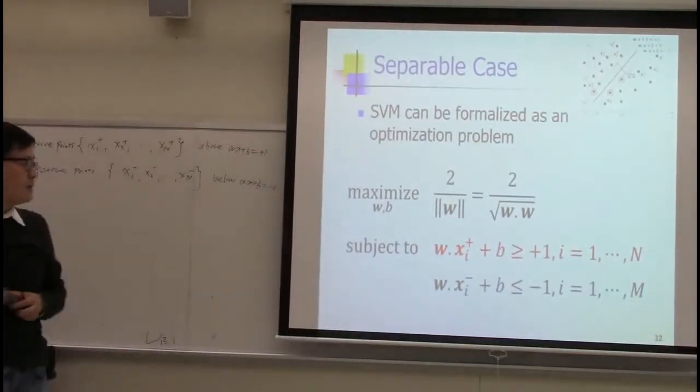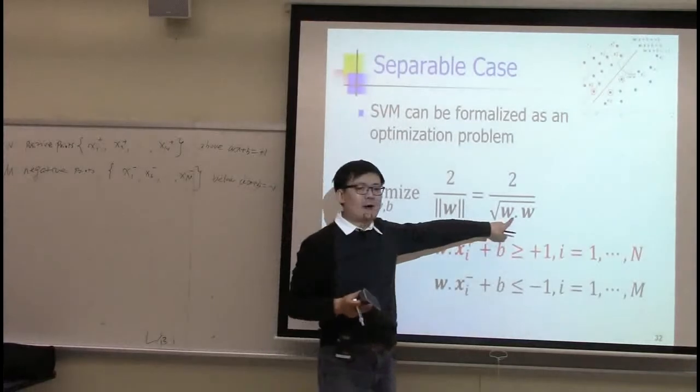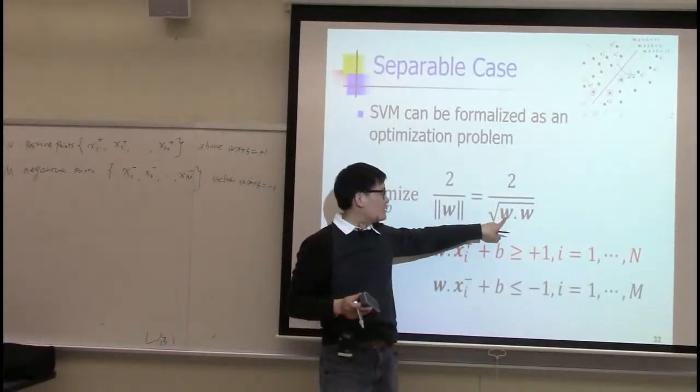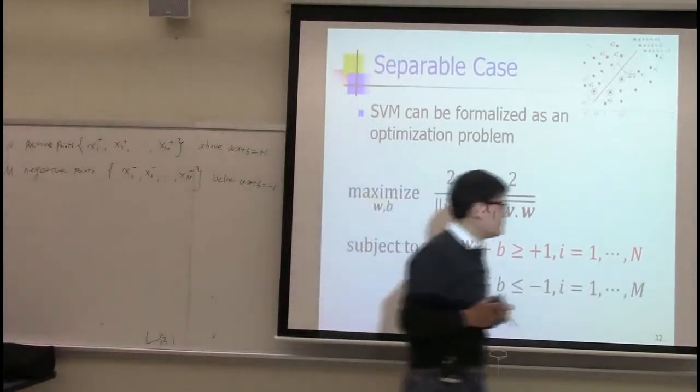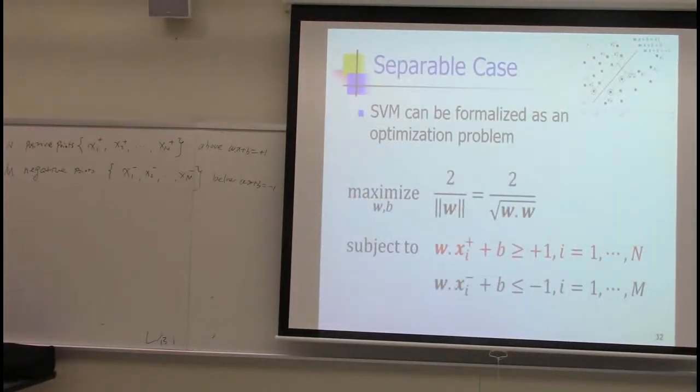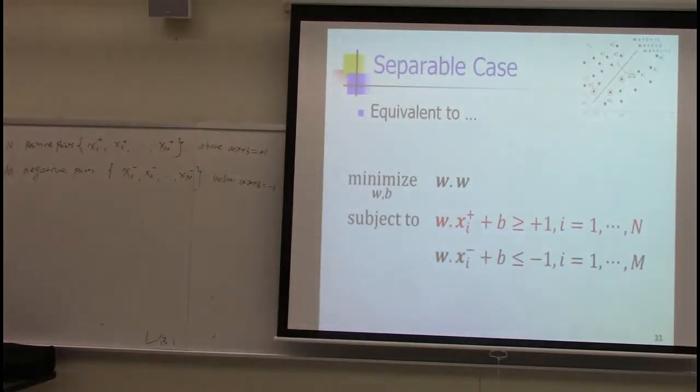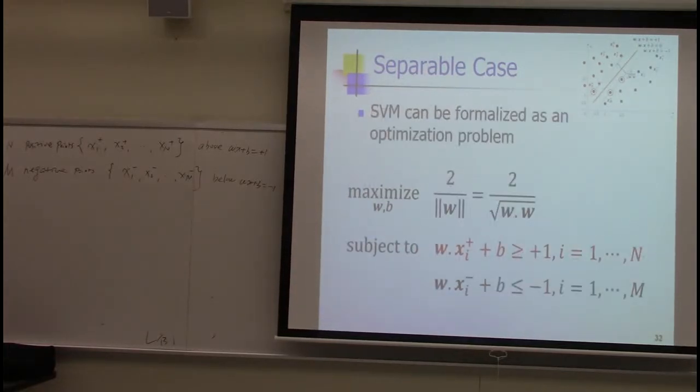And because this is the W 2-norm, right? So square root of W dot W. So for this reason, the maximization is equivalent to maximizing the inverse of W dot W. Can you follow? Because I want to maximize the inverse of W, right? Which is equivalent. Let me write here.